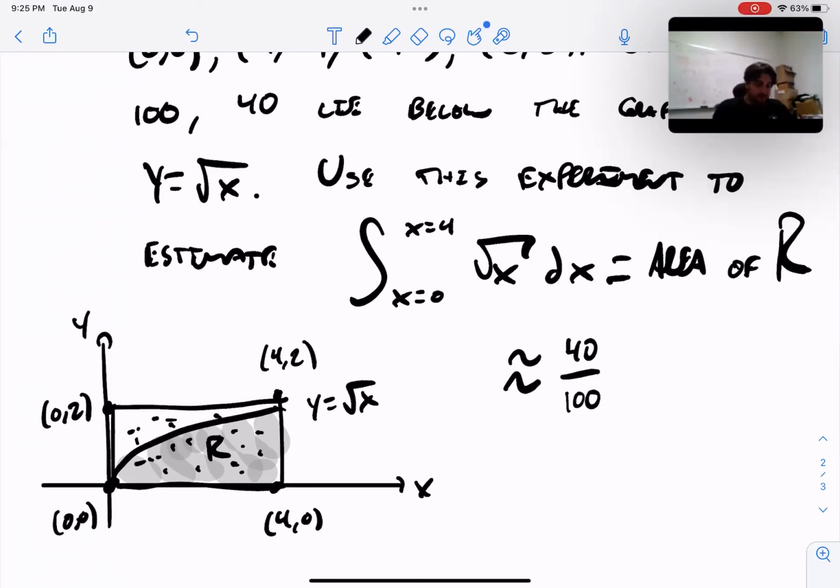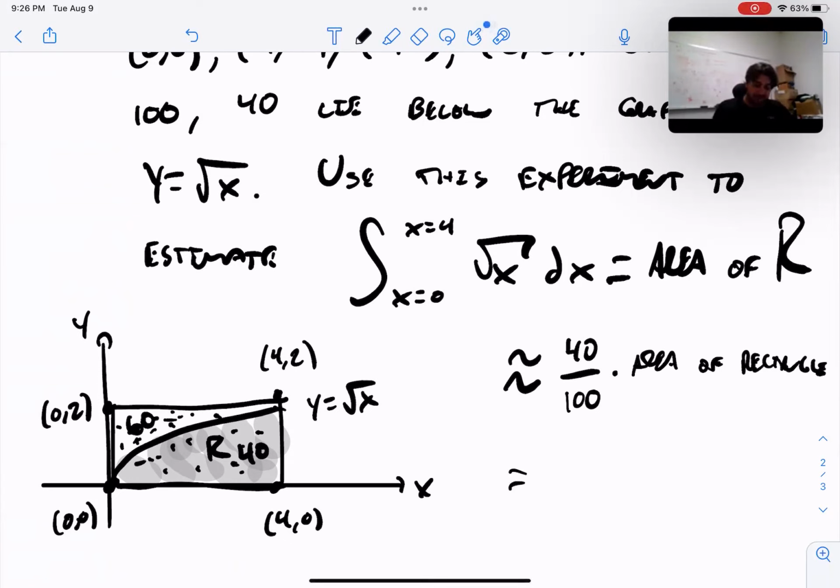So I had 40 points down here. I had 60 points out here, for my 100 total. So 40 out of 100 is how many points landed under R. So if we multiply it by the area of the rectangle, that should give us an estimate of the area of R, right?